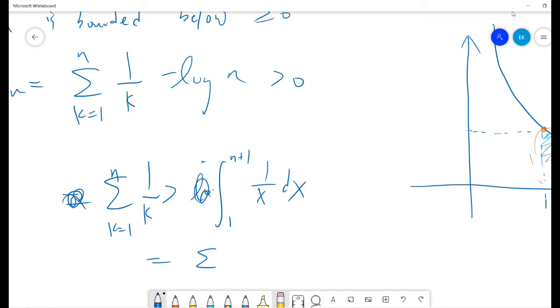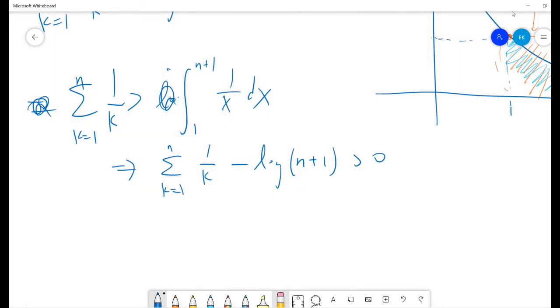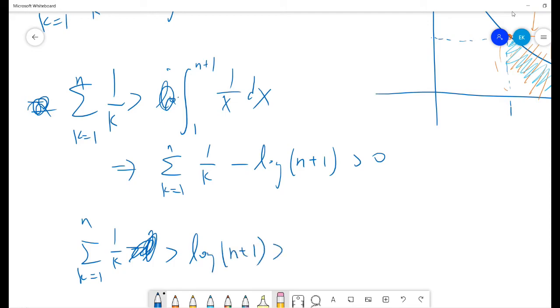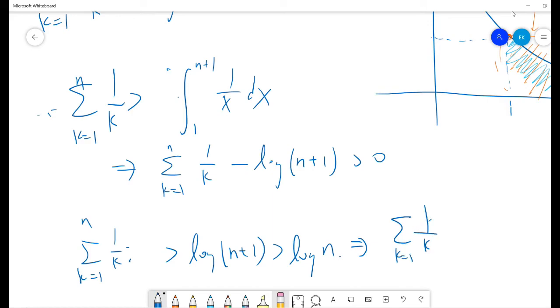So this tells you that the sum minus log(n+1) is larger than 0. And log(n+1) is also larger than log n. So this tells you that the sum of 1 over k from 1 to n minus log n is larger than 0.